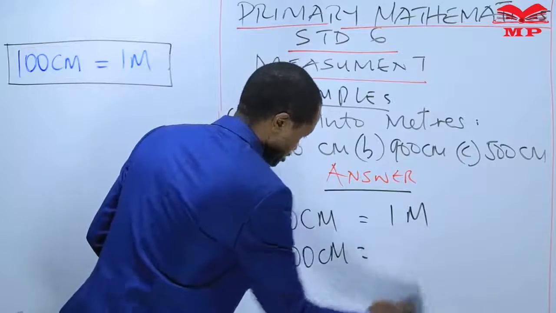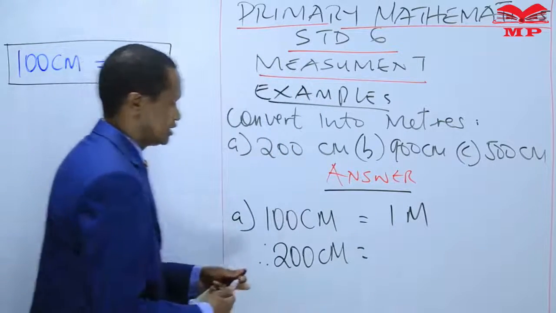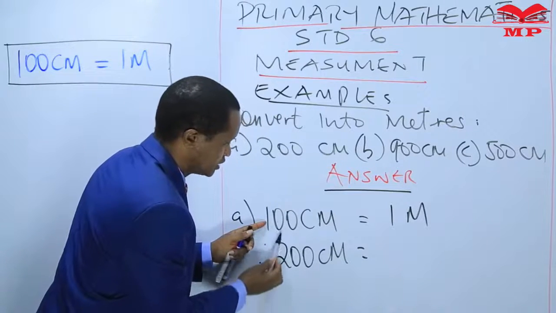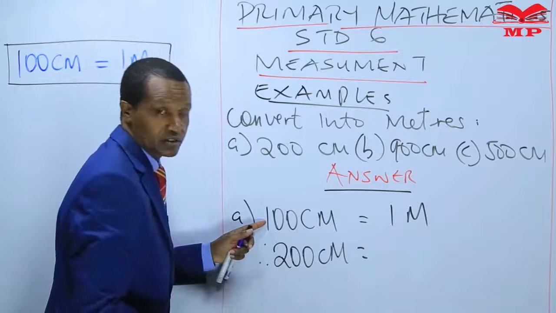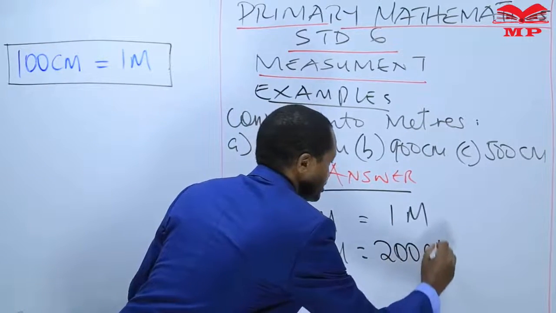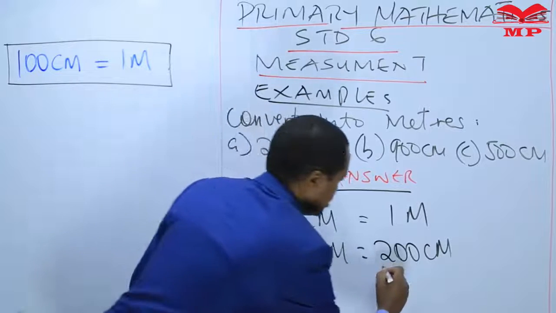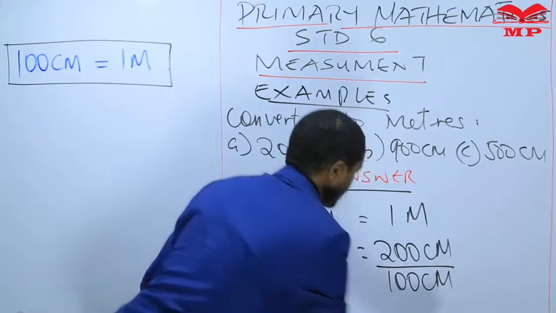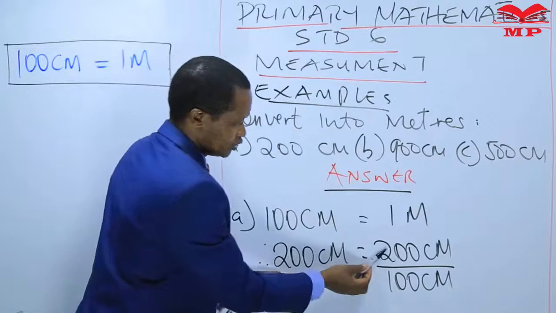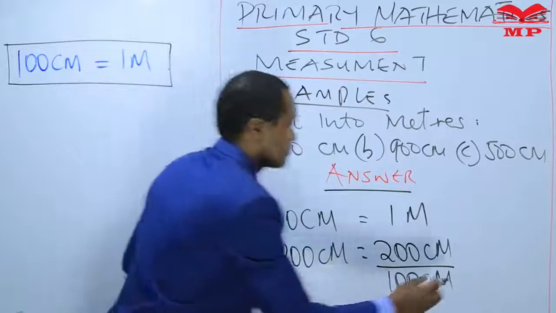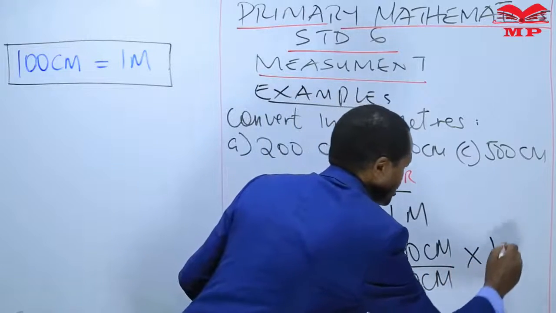We write, we get the reciprocal of these two measurements. So we write 200 centimeters over 100 centimeters times 1 meter.